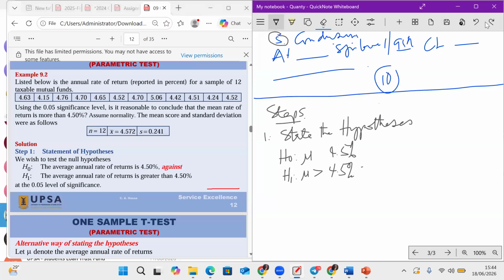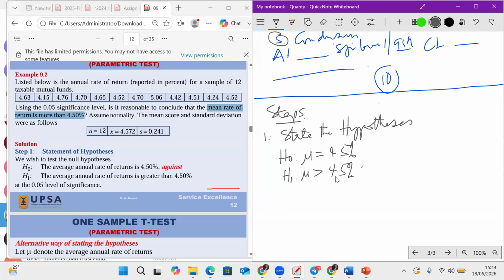I could have used that method also. It says, using the significance level, is it reasonable to conclude that the mean rate of return is more than 4.5? The mean rate is more than 4.5. It is the alternative, the new item they are bringing in. They are going to measure it against the null, which is, it is.